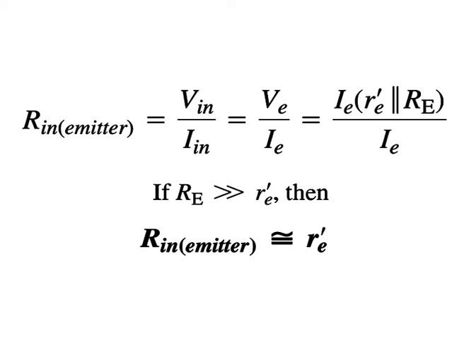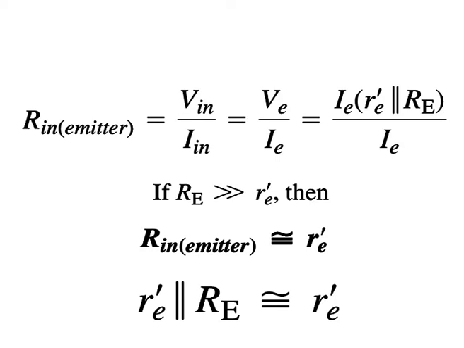Emitter resistance Re is typically much greater than AC emitter resistance re, so the assumption that re parallel with Re is approximately equal to re is usually valid. The input resistance can be set to a desired value by using a swamping resistor.